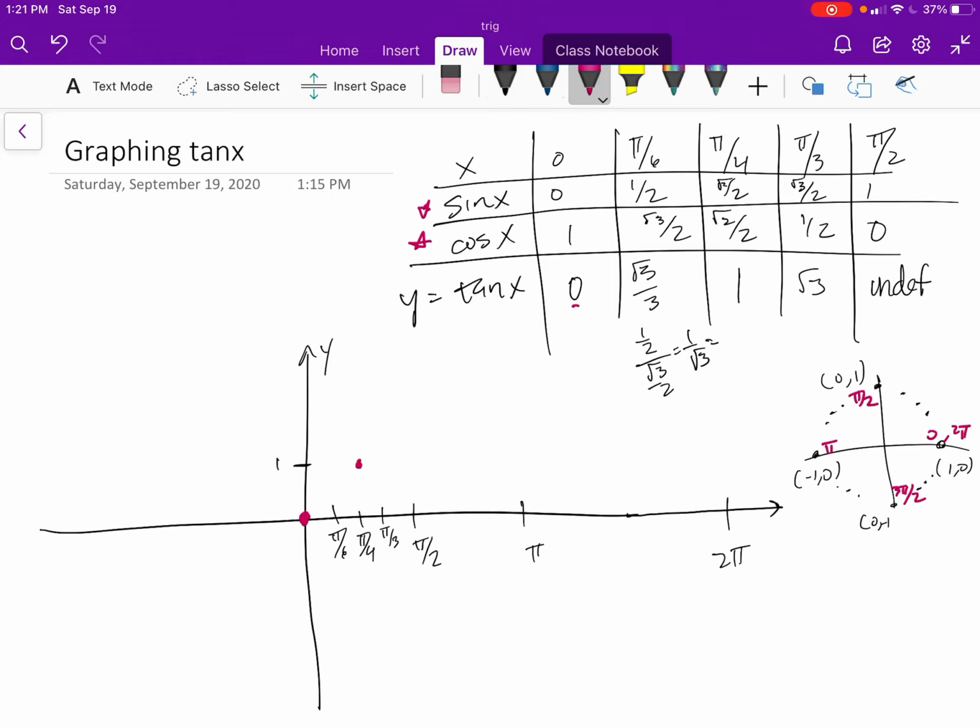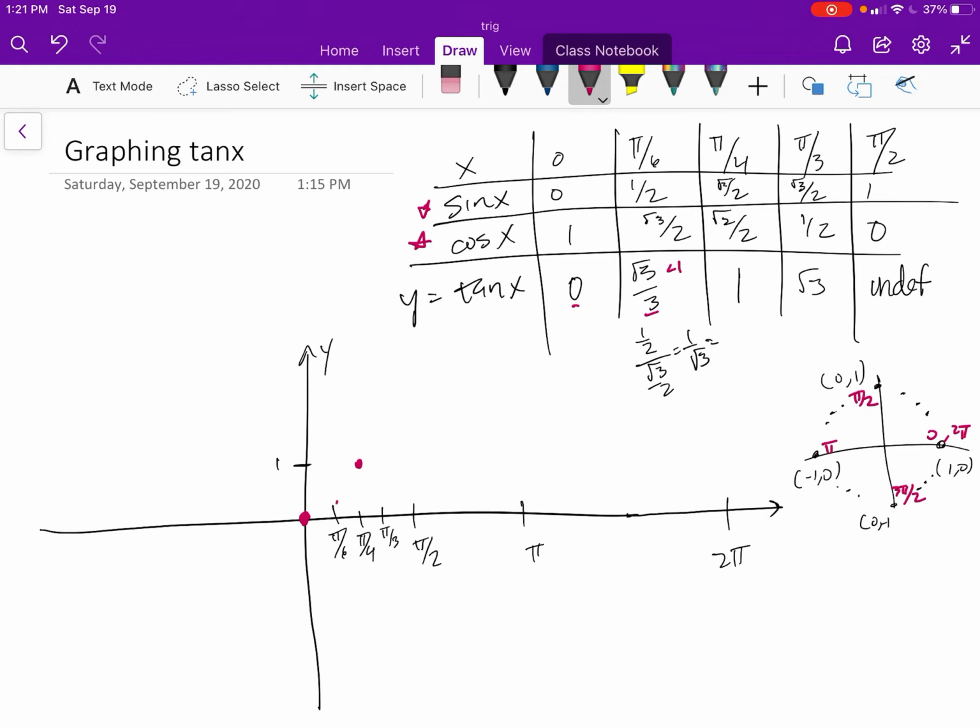Now to think of the values square root of 3 over 3 and square root of 3, you've got to think about what's happening here. You could just use a calculator, but square root of 3 over 3 is definitely less than 1, because square root of 3 is less than 3, and we're dividing by 3.